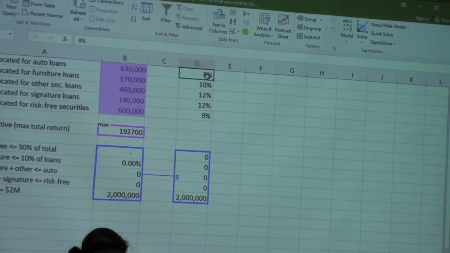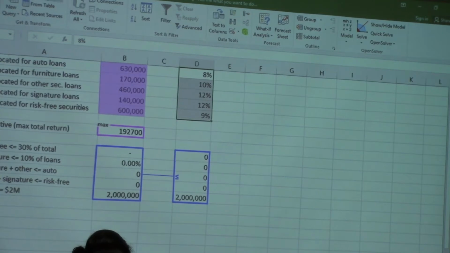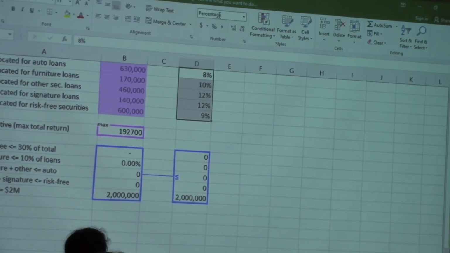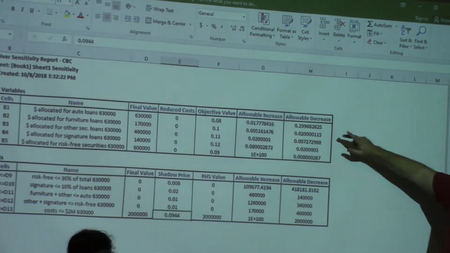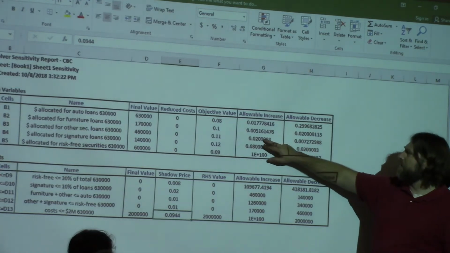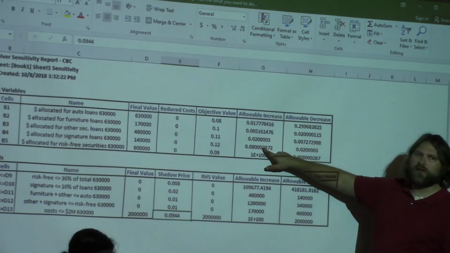Let's give ourselves some more decimal places there. There we go. Now, I've changed two values, right? I've changed the value of our other secure loans, and I've changed the value of our signature loans.